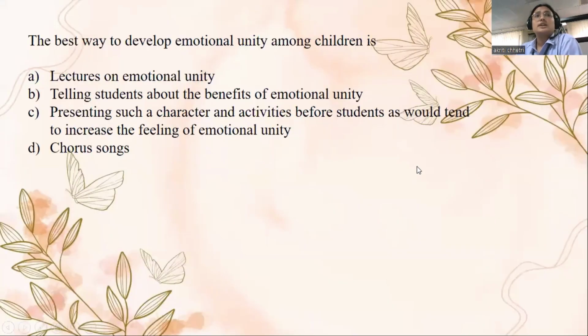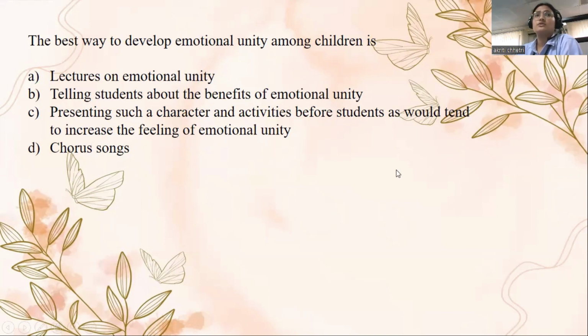Now the next question is, the best way to develop emotional unity among children is lectures on emotional unity, telling students about the benefits of emotional unity, presenting such a character and activities before students as would tend to increase the feeling of emotional unity and cohesion. You have to develop emotional unity among your students.